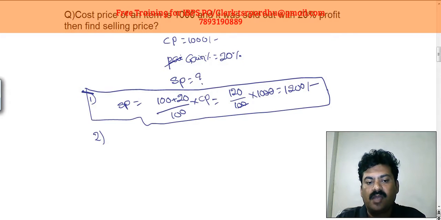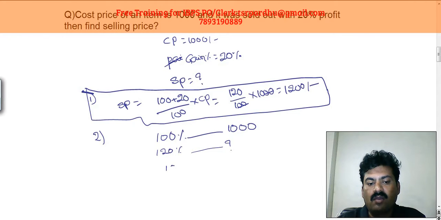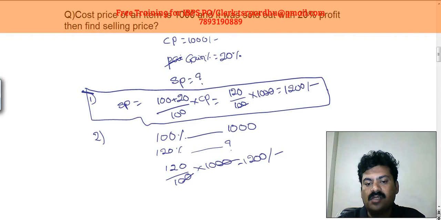The 100% amount is equivalent to 1000. After selling the item, our amount becomes 120%. Now 120% is how much? We can write it as 120 by 100 into 1000, that is equivalent to 1200. Completely we can calculate the selling price, that is equivalent to 1200.